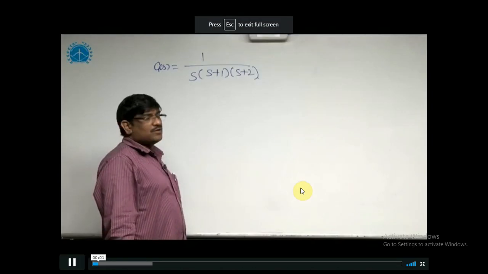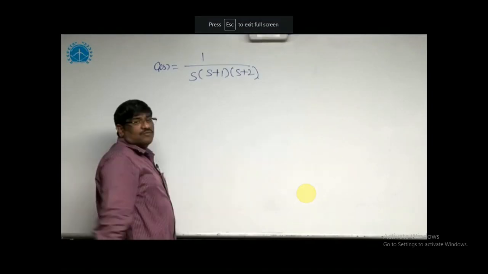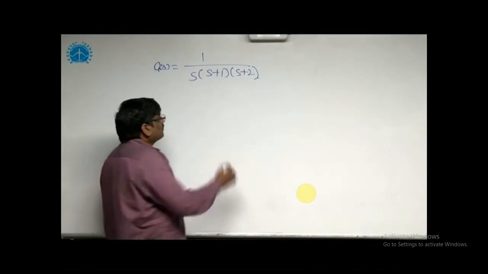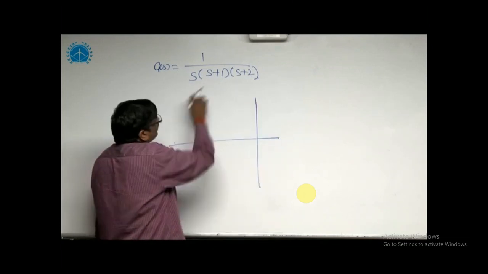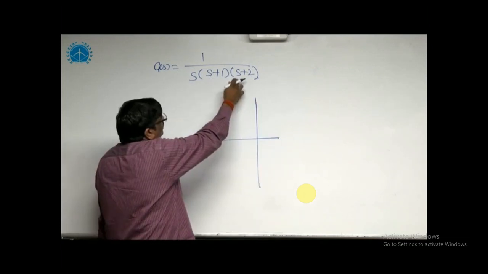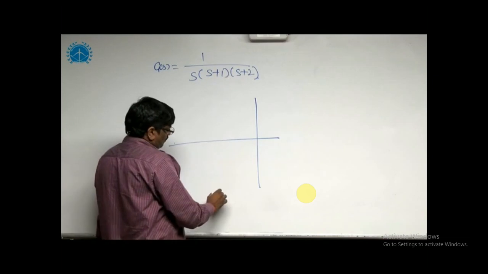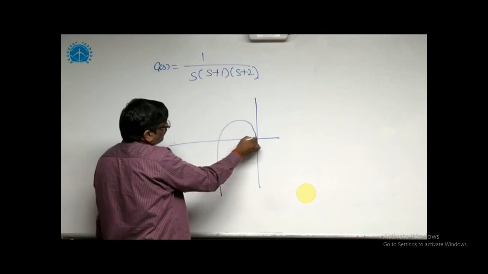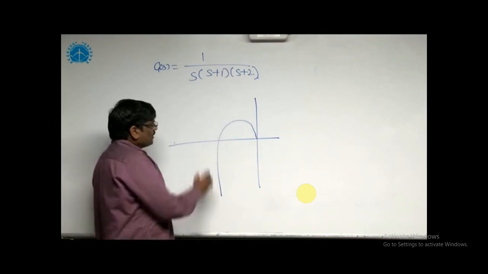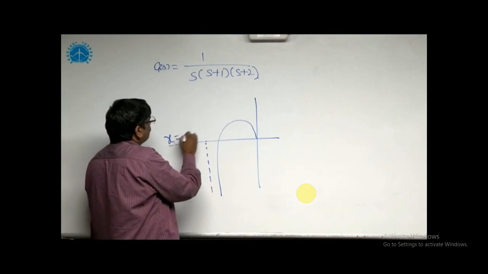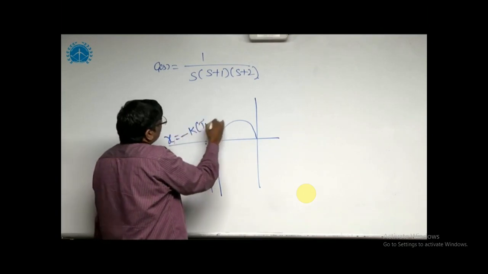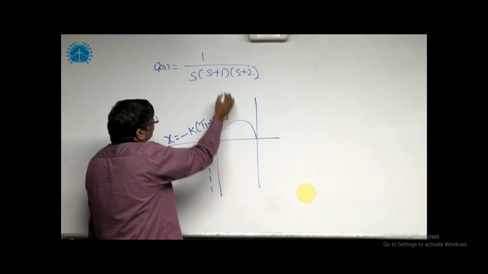Here we require to identify the polar plot. As we know, the starting angle is minus 90 and the ending angle will be minus 270. So the plot should be in this way. Then we require to find the x value at omega equal to 0. So x equals minus K (tau 1 plus tau 2). Here, what is the K value?